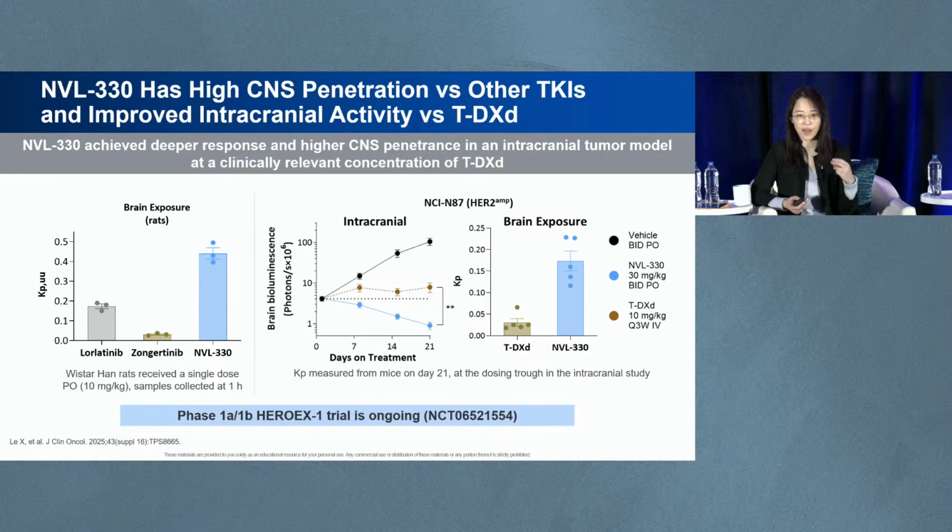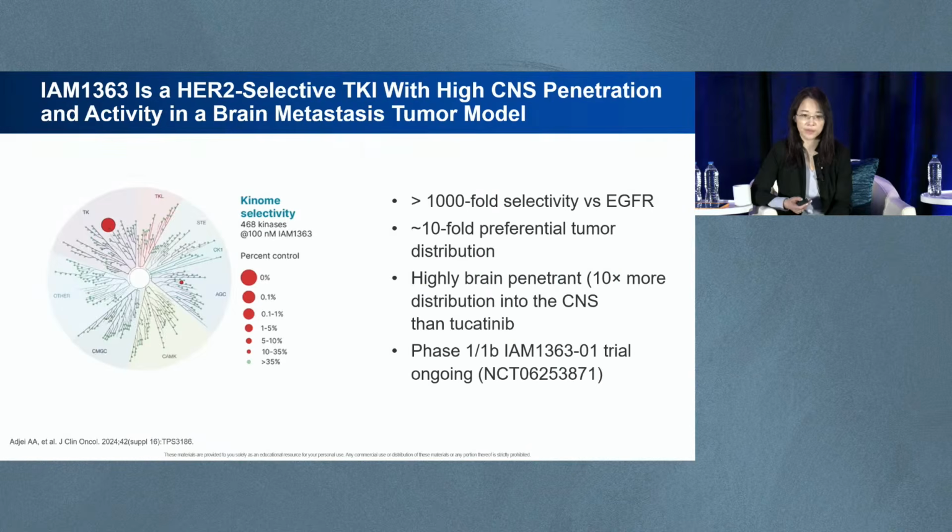Therefore, designing a highly CNS-penetrant TKI is going to be very critical to continue to move the boundary forward, both on PFS as well as on OS. Nuvalent 330 is one of the molecules currently in phase 1 testing. Very similarly, there's another HER2-selective TKI from Iambic in clinical testing as well. We're looking forward to seeing those trials report out.